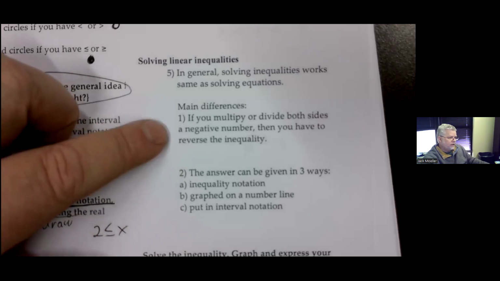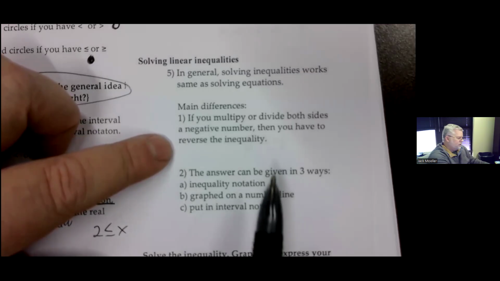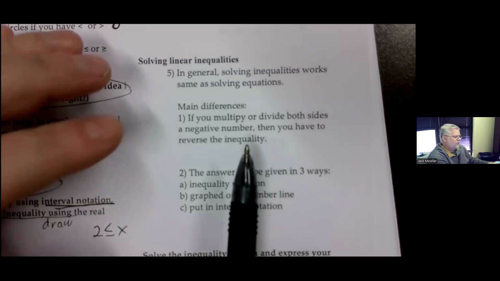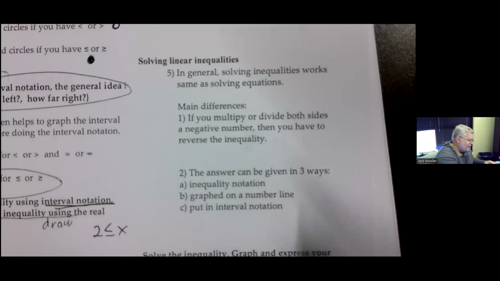The other difference is if you multiply or divide both sides by a negative number, then you're going to have to reverse the inequality or flip the inequality. And this typically happens at the very last step, when you're trying to isolate x, if you have like negative 4x, you're going to divide by negative 4. So that's going to be the last step.